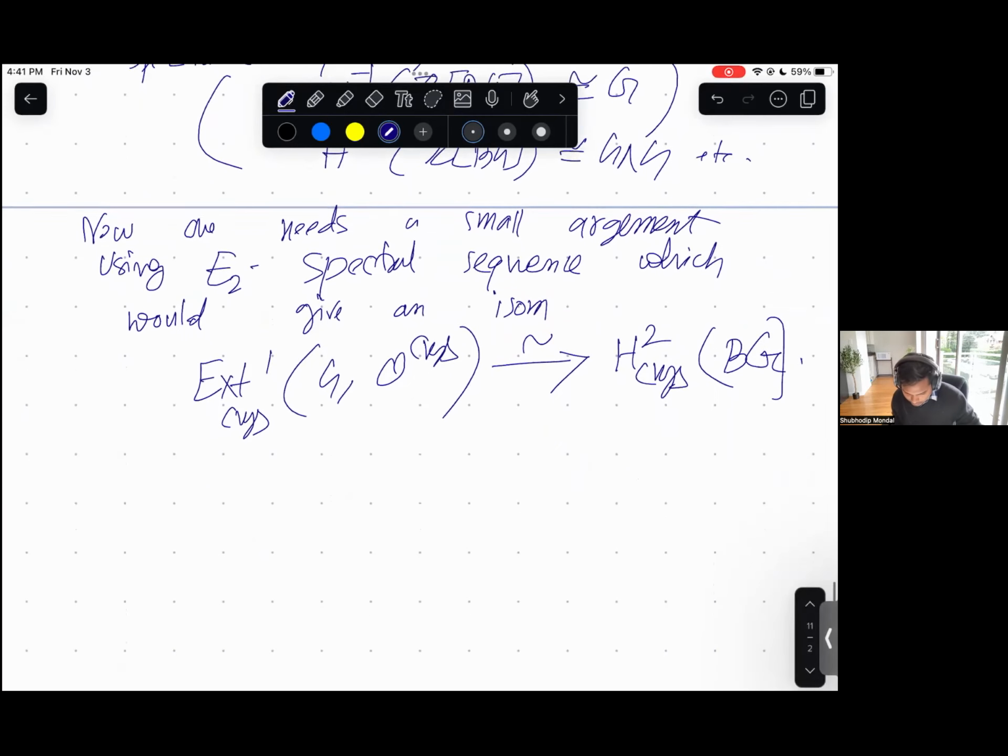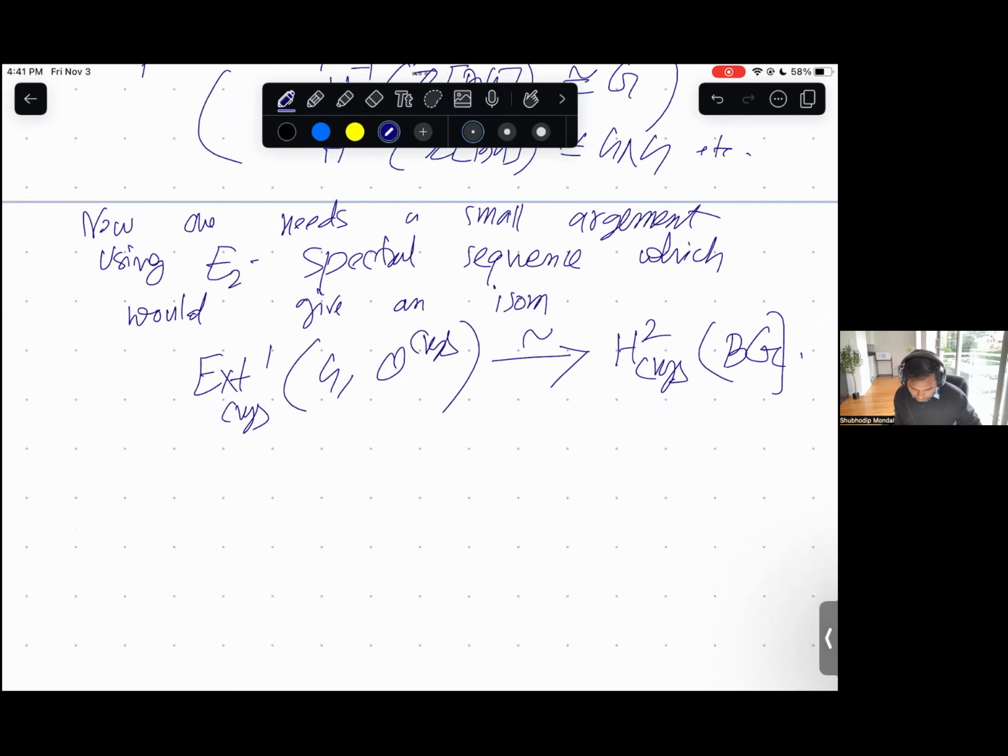Yeah, so I think this was the part that I was saying in the last talk, that one can first try to prove this isomorphism, which is quite formal and needs some small vanishings.